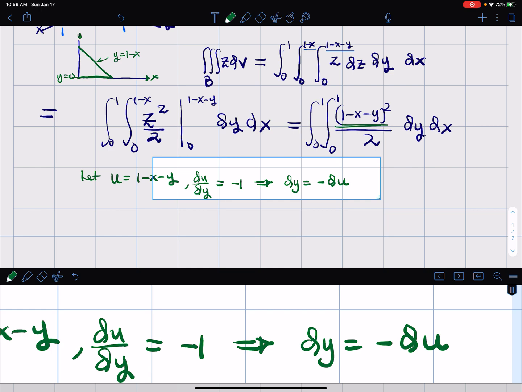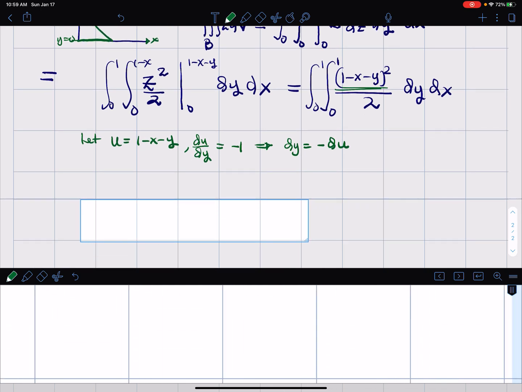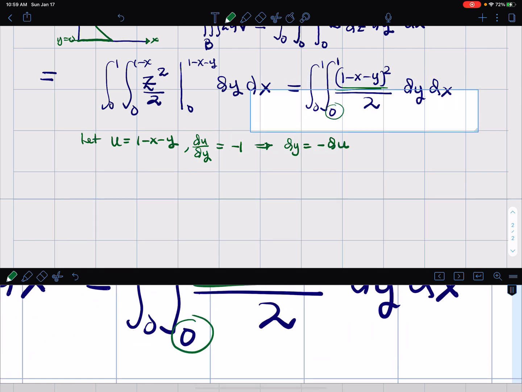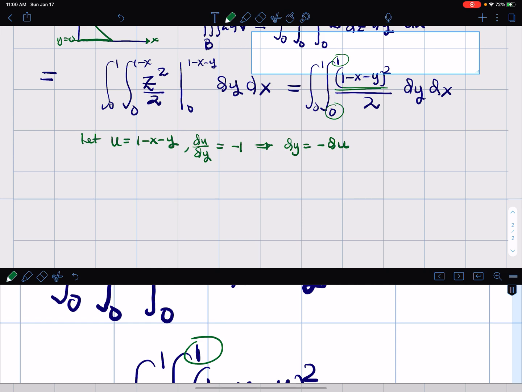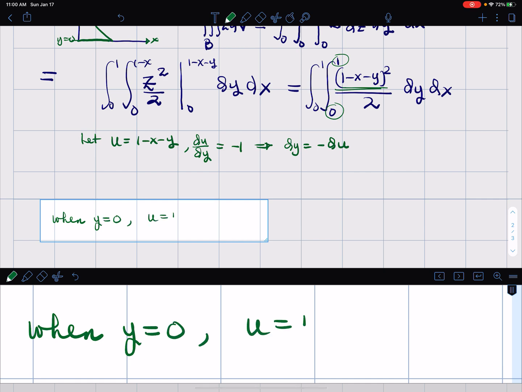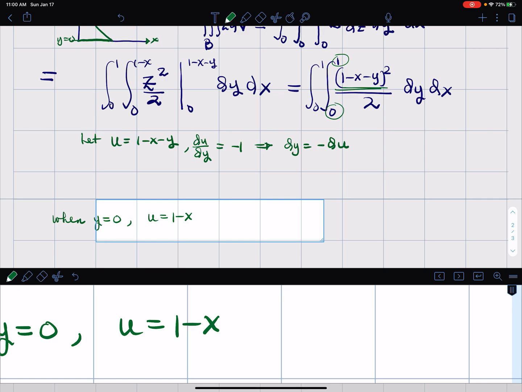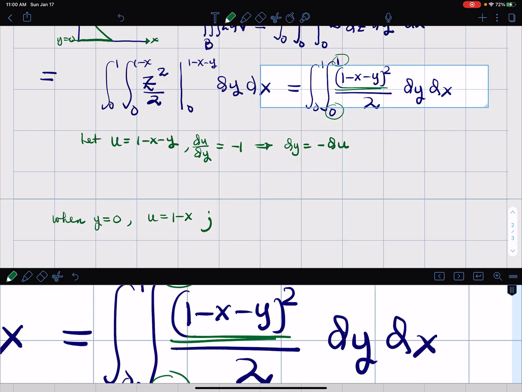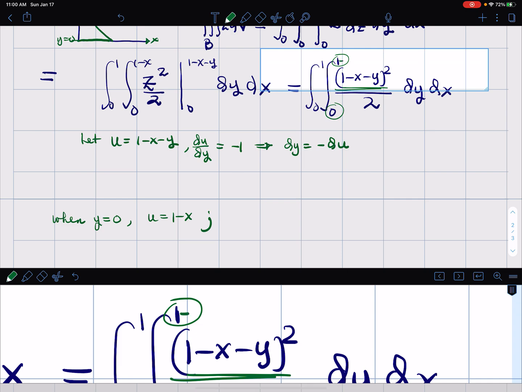Okay? Now, I have to look at my bounds of integration, because I'm making a u substitution. So I got to change this bound, and I got to change this bound. All right? So I'm going to say when y is equal to 0, what is u? u is 1 minus x, right? And then when y, no, this should be 1 minus x.